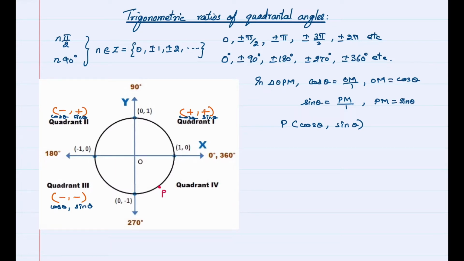And if P point moves to the fourth quadrant, theta will be a fourth quadrant angle which is between 270 degrees and 360 degrees. Alpha is the reference angle of theta. Since P is in the fourth quadrant, the x coordinate is positive and y coordinate is negative. So, for a fourth quadrant angle theta, cos theta will be positive and sin theta value will be negative.